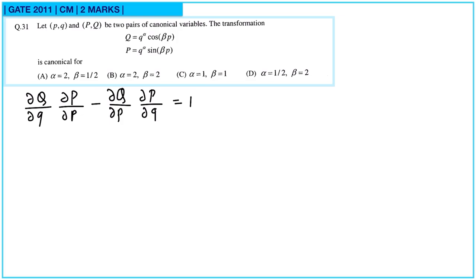So let us calculate all these values. Now dou Q by dou q is equal to alpha q raised to alpha minus 1 cos of beta p.